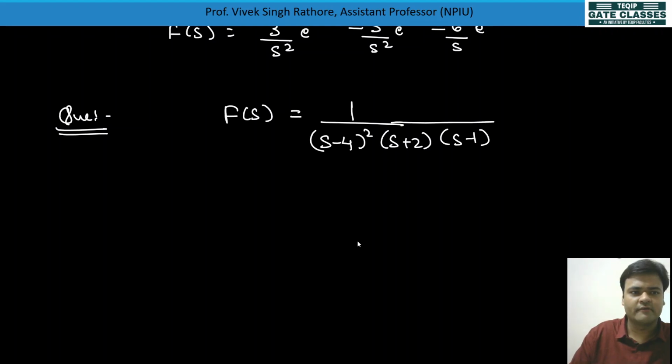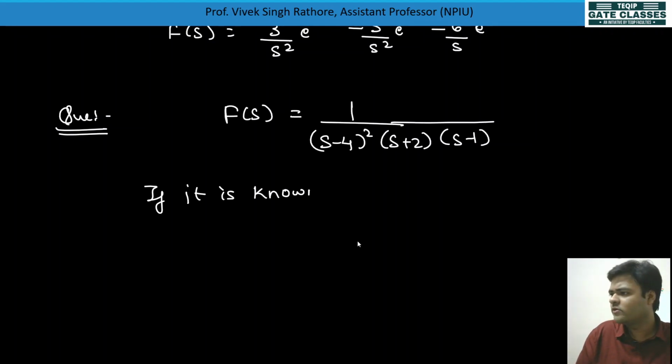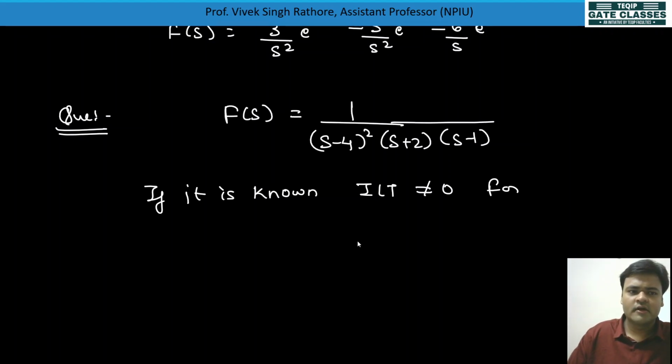It is known that the inverse Laplace transform is non-zero for t from minus infinity to infinity, so the inverse Laplace transform will not be equal to 0. It has some other value.